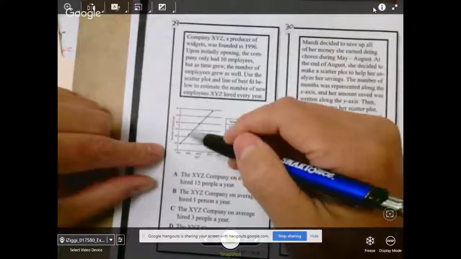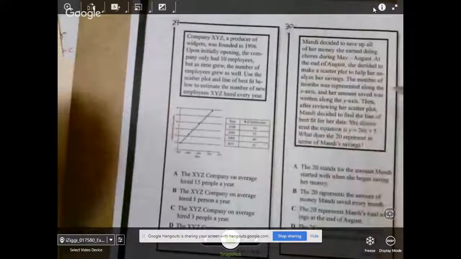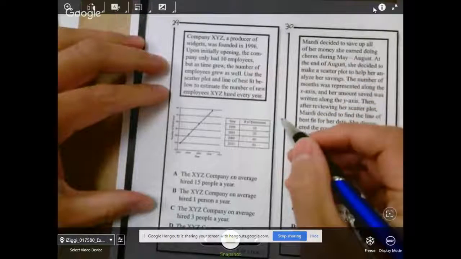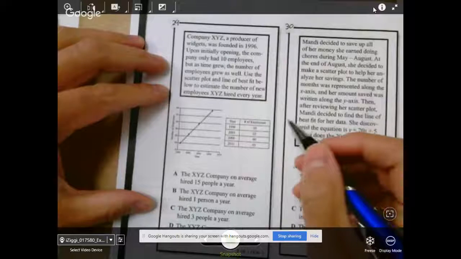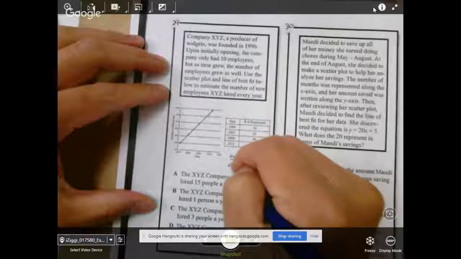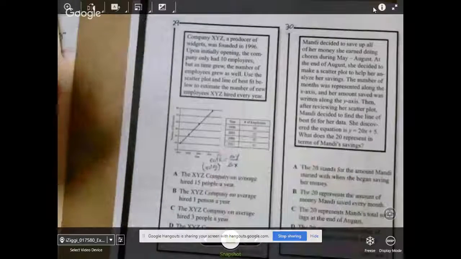So you can use either one to find the rate that the company hired. So remember, it's the rate. The average, the rate, is also a change in Y over change in X. Okay, so average means the same thing as rate and slope. Okay, so let's take a look at here.